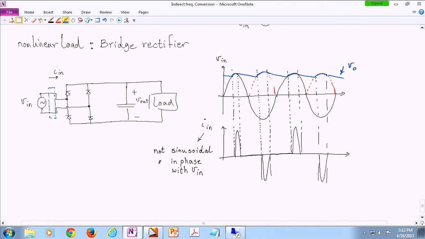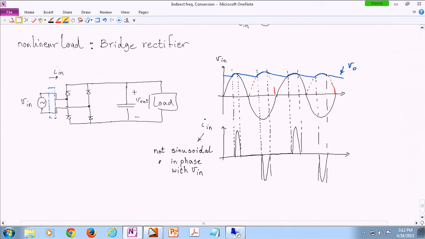Before even we get there, we got to make a bunch of definitions, like what is actually power factor, an engineering definition, and what is total harmonic distortion. And we don't really have time to do it today. I'm going to do it next week.